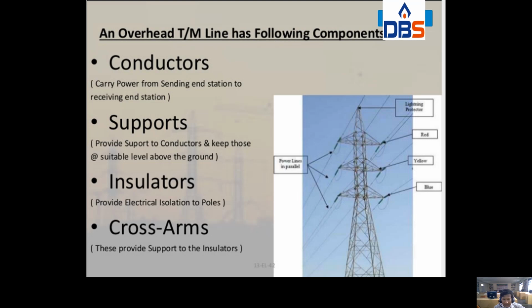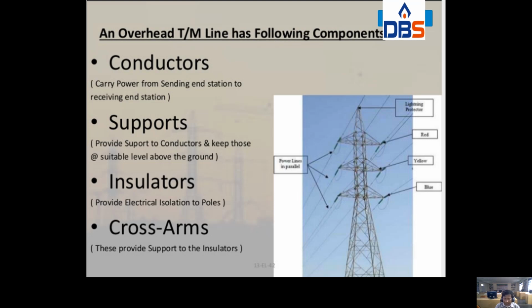Next, supporters. So these are the supporters. They provide support to the conductors, that is, the conductors are kept at some height from the ground. Next, insulators. So these are the insulators.